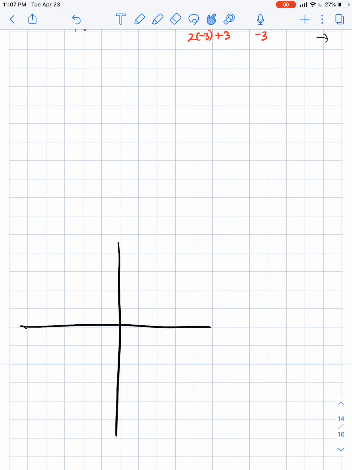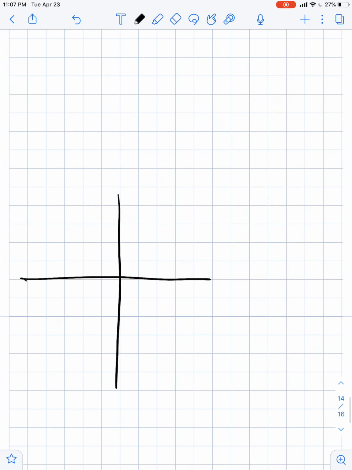Okay, so the third type that we're going to focus on is what we call when m is greater than n. Okay, m is greater than n. So what we're going to look at here is maybe x squared plus x, and let's just do plus 1, okay?